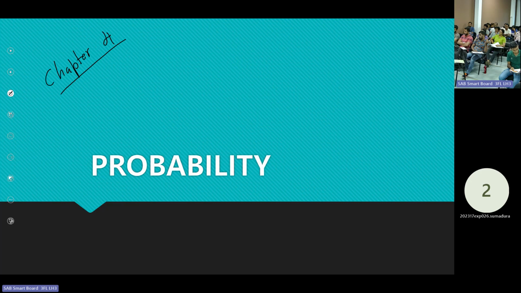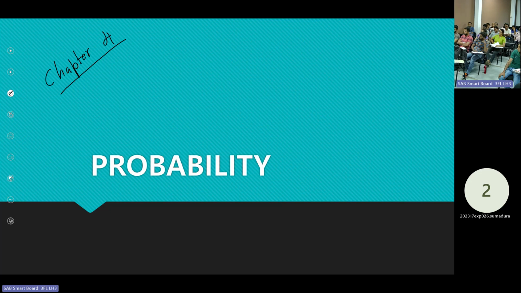We'll be discussing 3 or 4 distributions. For each distribution, there are certain conditions. If these conditions are satisfied, it belongs to type A. If these conditions are satisfied, then it belongs to type B. So you need to know those conditions.